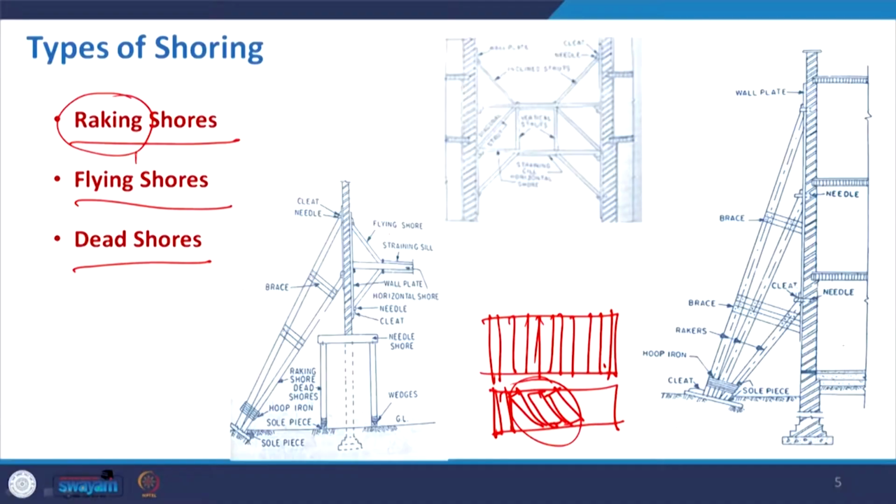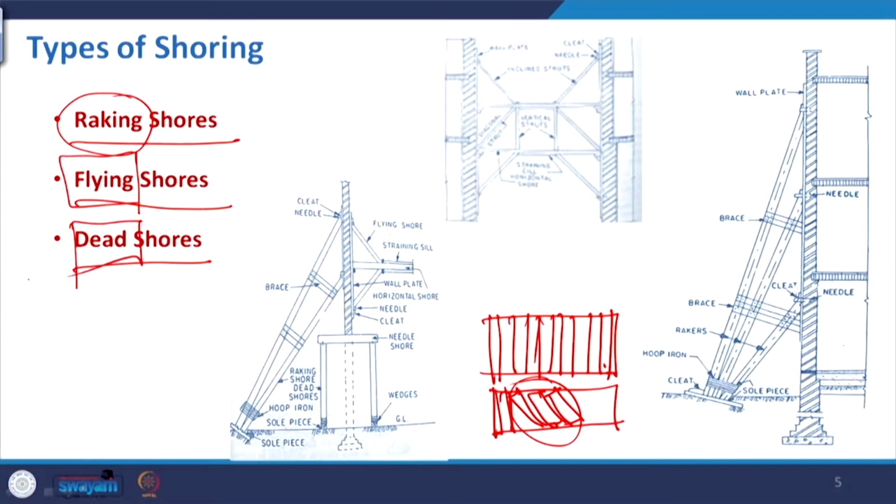When it is flying, fly means it relates to something in the air. So when a shoring arrangement is made in such a way that no component is touching the ground, we call it flying. And dead shore, dead we can just relate to the soil.